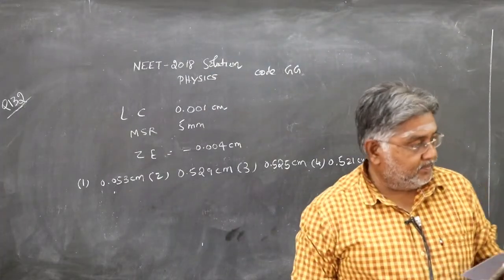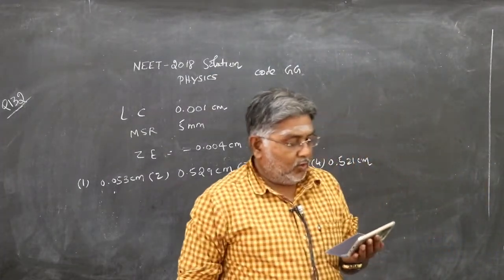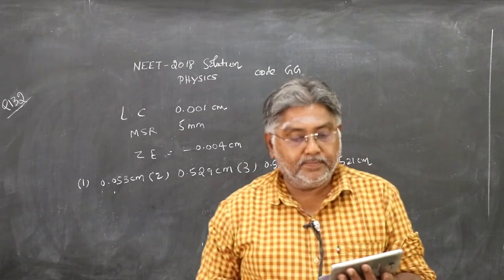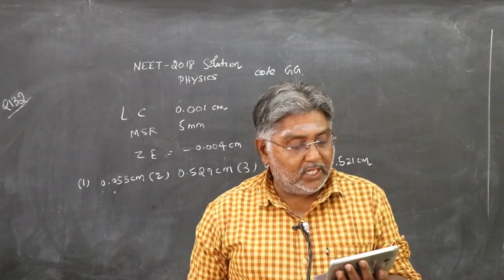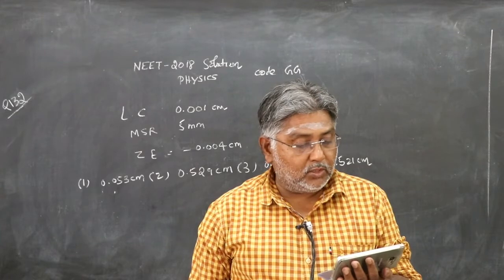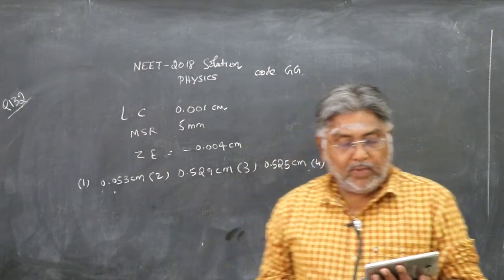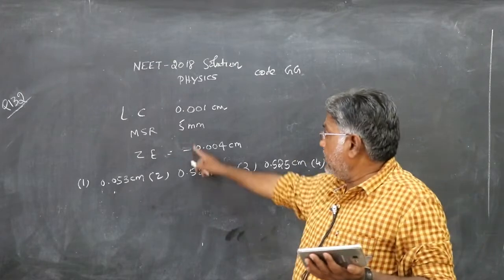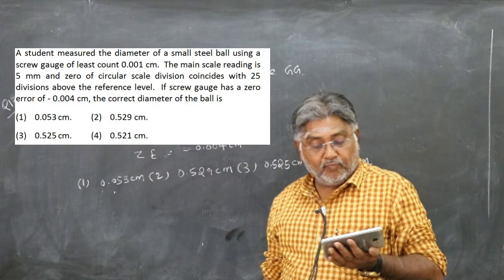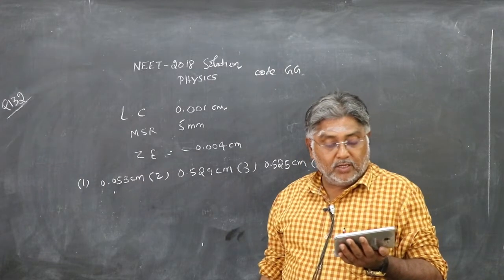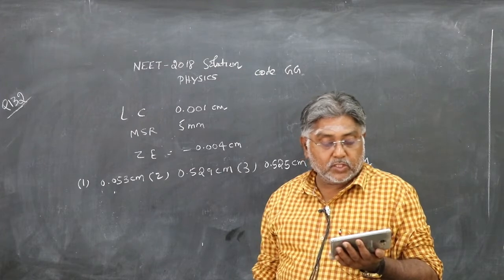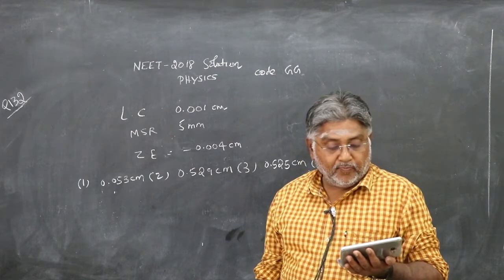Next question. A student measured the diameter of a small steel ball using a screw gauge of least count 0.001 centimeter. The main scale reading is 5 millimeter. And 0 of circular scale division coincides with 25 divisions above the reference level.